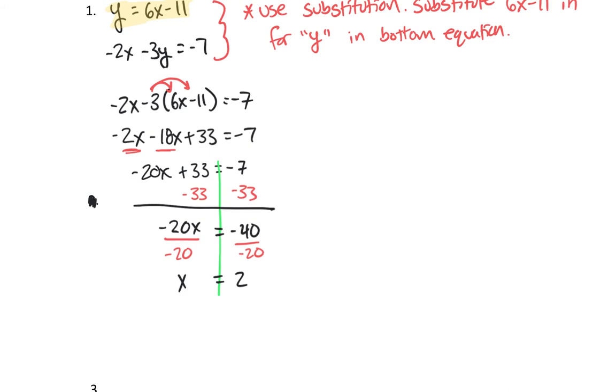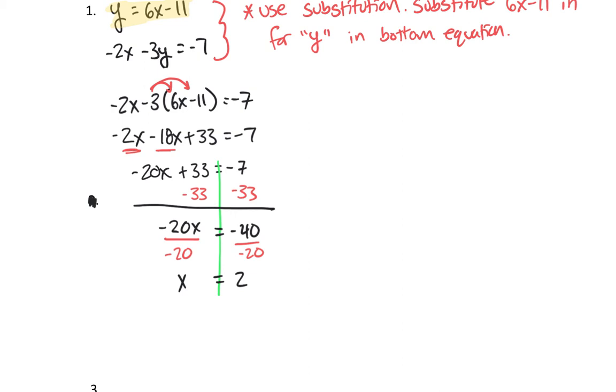All right, so hopefully you've gotten to the point where you were able to solve and you found out that x is equal to 2 after distributing. Make sure that when you do -3 times -11, that makes +33. And solving that, I get x equals 2. Now here's the catch. When we're solving a system of equations, we're not done once we find what x is equal to.